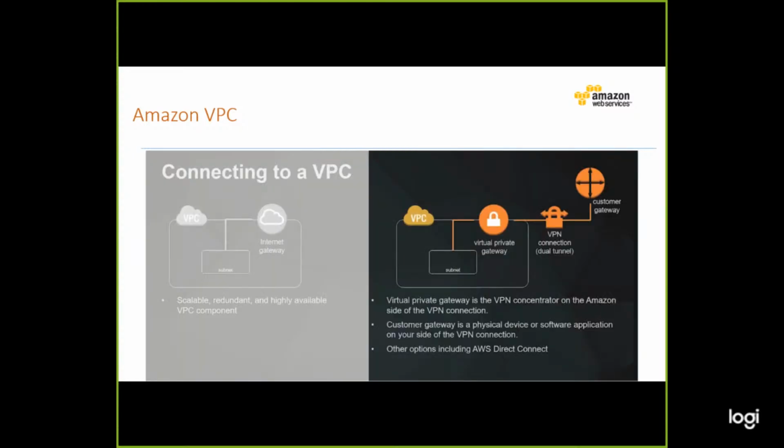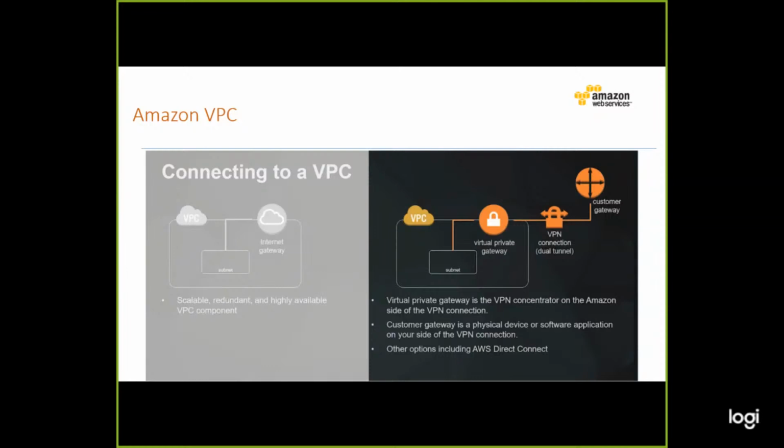Now, on the right side of this slide, we can see the second choice for connecting to a VPC. If we're looking for a secure connection, not just to your AWS account or to your cloud, you may want to connect to your enterprise premises. So you can set up a virtual private network, and it will consist of a virtual private gateway on the AWS side, and a customer gateway on the customer side.